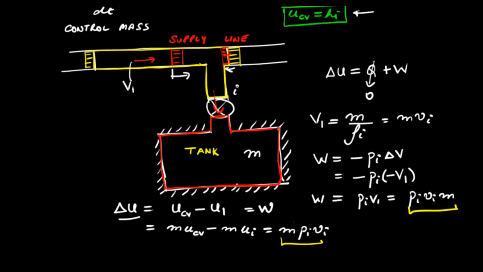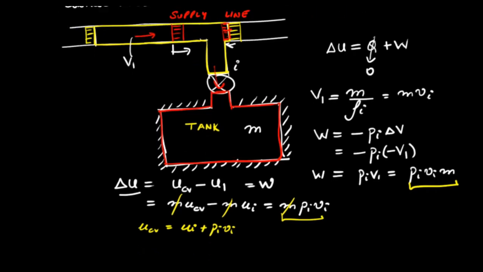So therefore if we cancel off the mass on both sides, we get UCV is equal to Ui plus Pi vi, and this is what we call the specific enthalpy.